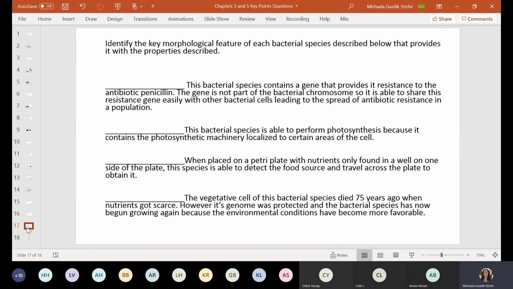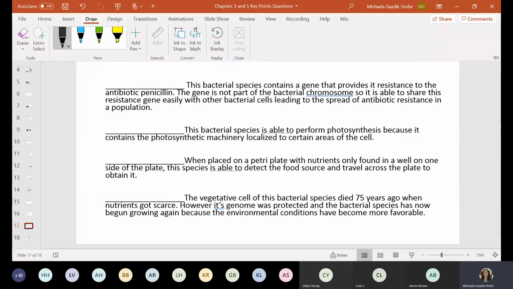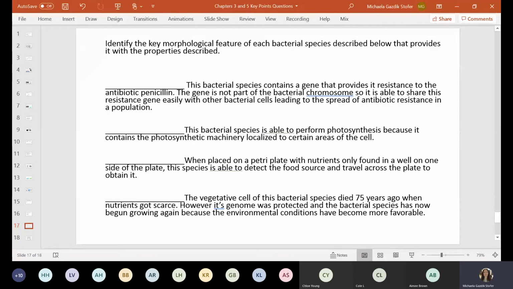Just as one other kind of practice example for you guys, these are not multiple choice versions, but ways that you can test yourself a little bit more to see if you can pull it out of your head. A bacterial species contains a gene that provides resistance to the antibiotic penicillin. The gene is not part of the bacterial chromosome, and it's able to be shared between bacterial cells, leading to spread of resistance. So the key for this is the gene was not part of the bacterial chromosome.